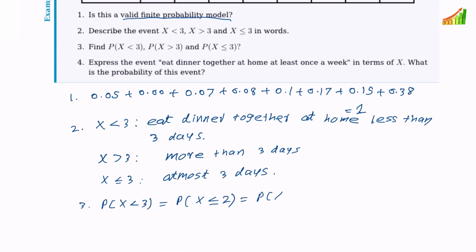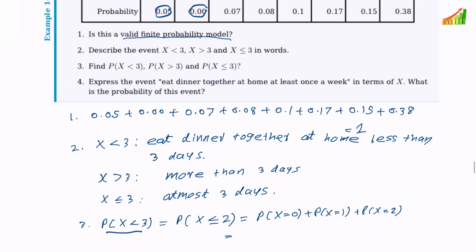Therefore, probability x equals 0 plus probability x equals 1 plus probability x equals 2. Again, how do we find the probability of an event? We add all probabilities corresponding to x values of that event. So probability x equals 0 is 0.05. The next one is 0.00, and the probability x equals 2 is 0.07, so the total is 0.12.